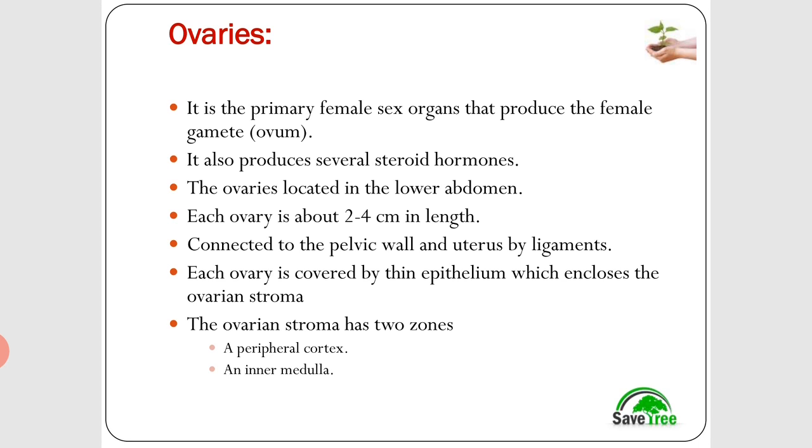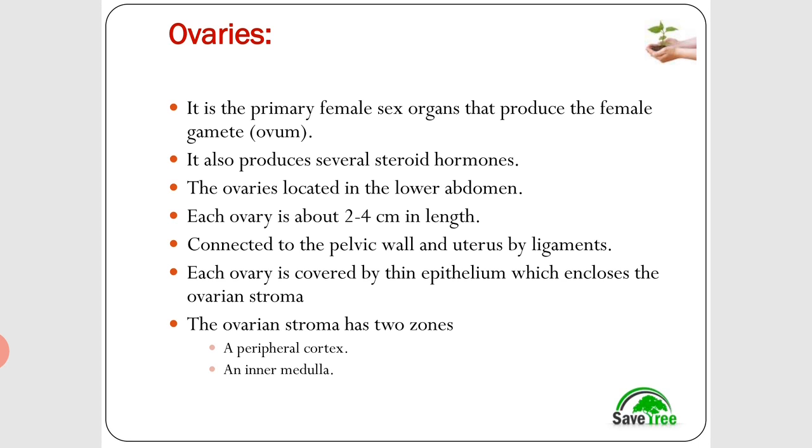Your ovaries are located in the lower abdomen, and each ovary is about 2 to 4 cm in length and 2 cm in width. Each ovary is connected to the pelvic wall as well as the uterus with the help of ligaments.